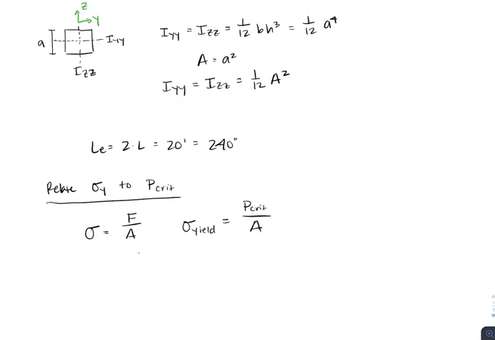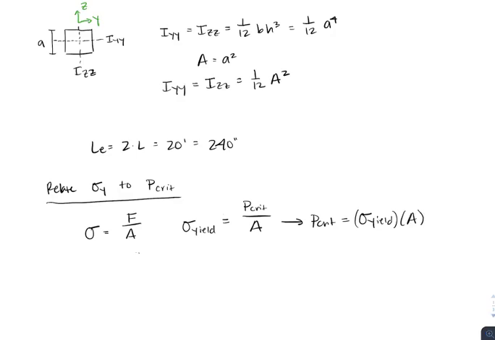Since the problem statement gives that the force it takes to yield the structure is going to be the same as the force it takes to buckle the structure, we can just say that P critical is going to be equal to the yield stress times the cross-sectional area.